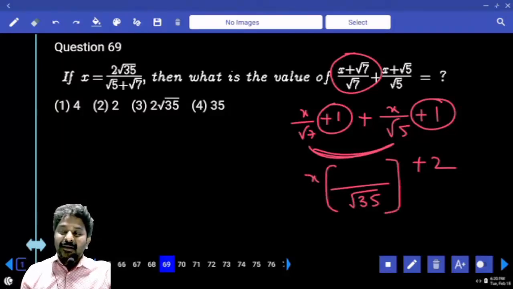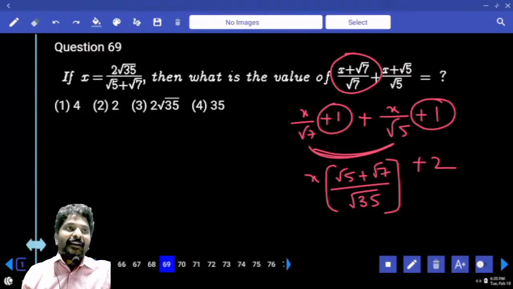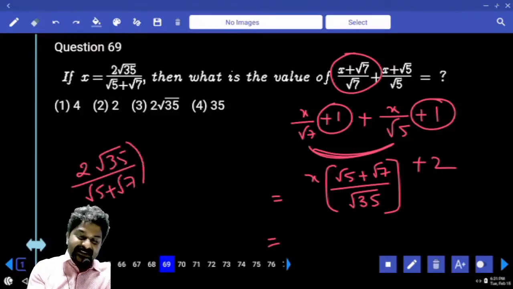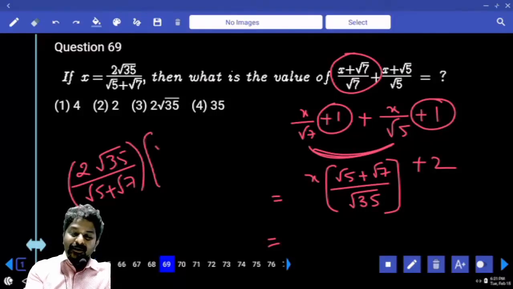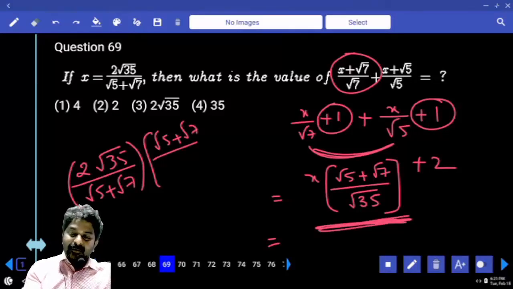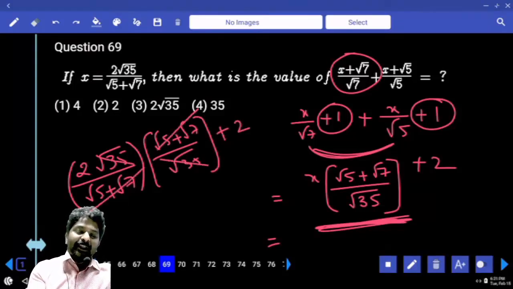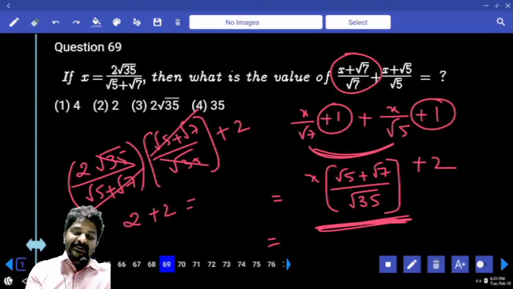If you take x common, that becomes root 5 plus root 7. Now substitute x value: 2 into root 35 by root 5 plus root 7. This is x value. Root 5 plus root 7 by root 35, plus 2. Root 35 cancels. Numerator and denominator root 5 plus root 7 cancel. 2 plus 2, answer 4.